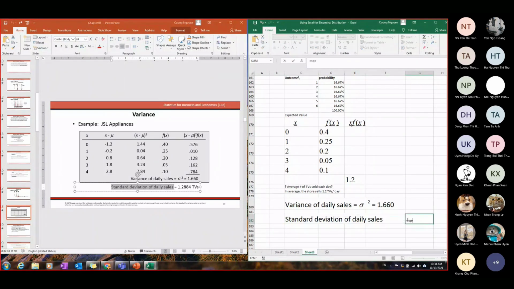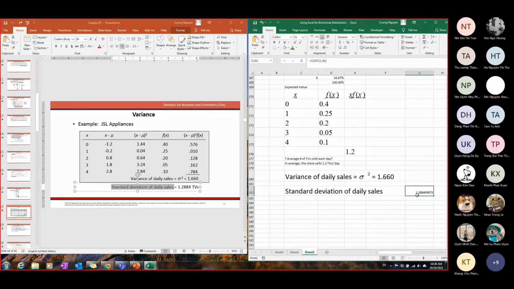The standard deviation equals the square root of the variance, right? The variance will be 1.66. Okay, sorry. So that should be 1.2088, something like that. They will be the same. So that will be the result.